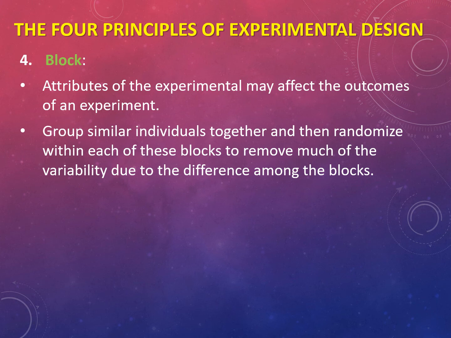Or these have characteristic A and these have characteristic B. And so I separate them into blocks. It's almost like stratifying when we're talking about a survey, but blocking is what we do in an experiment. You group by common traits. The purpose of that is to reduce the variability within each block.